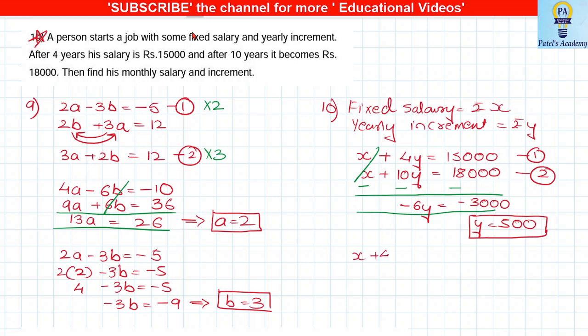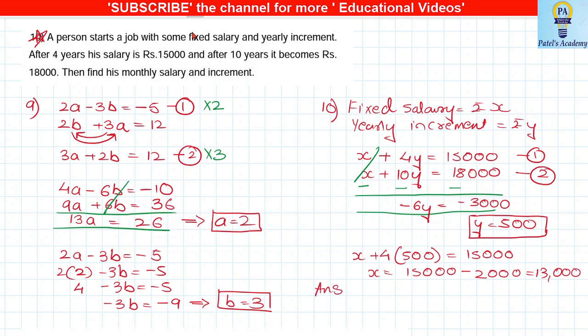So x plus 4y, the value of y is 500, equals 15,000. So x equals 15,000 minus 2,000. Okay, I'm multiplying and shifting to that side, so I get the answer as 13,000.